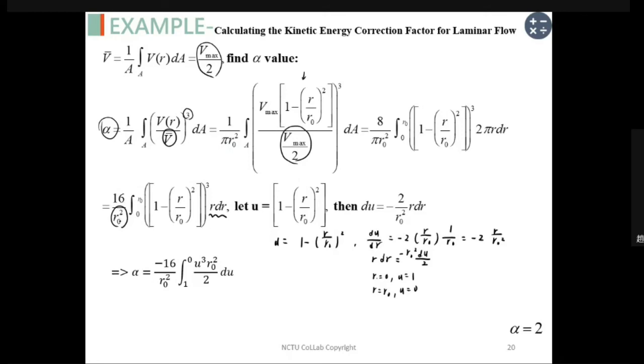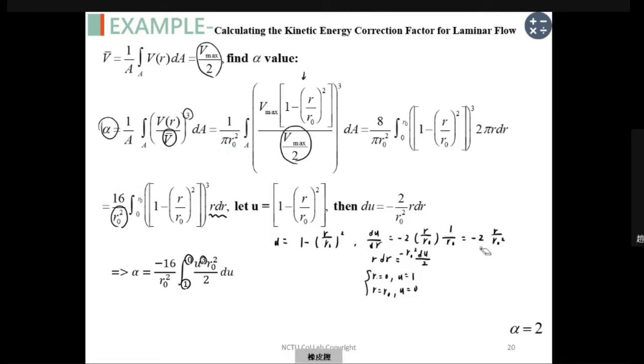So we can rewrite these terms. We keep the 16 here and the r0 squared. The inside integration interval changes from 1 to 0 because of this condition.